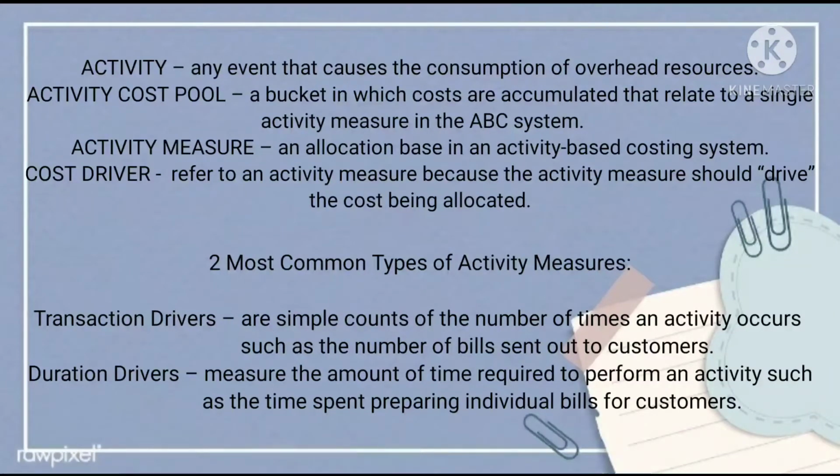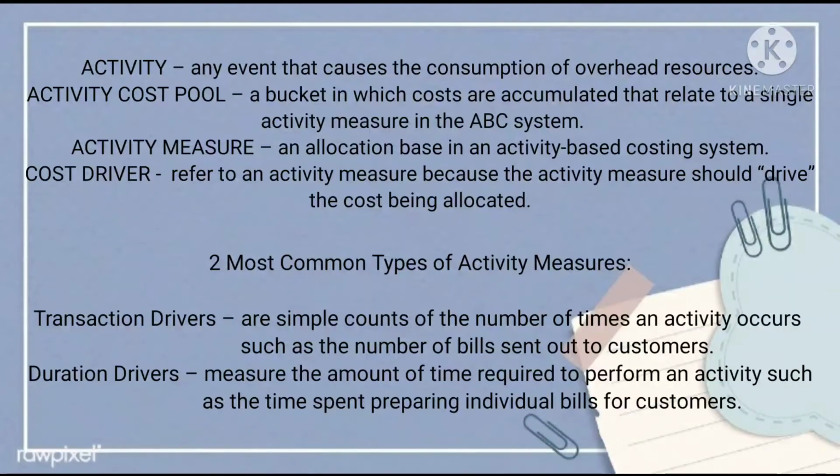There are two most common types of activity measures. First is the transaction drivers. Transaction drivers are simple counts of the number of times an activity occurs, such as the number of bills sent out to customers, while duration drivers measure the amount of time required to perform an activity, such as the time spent preparing individual bills for customers.